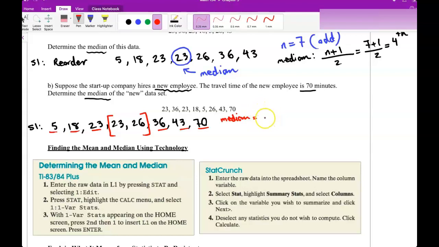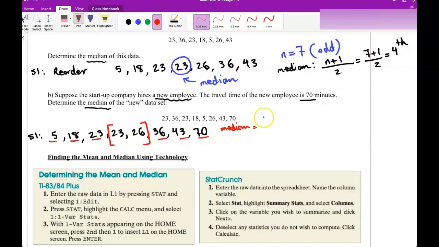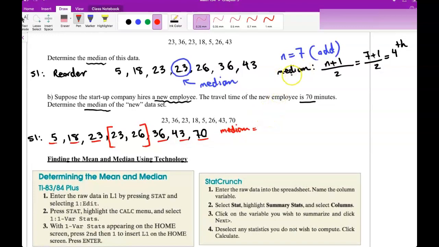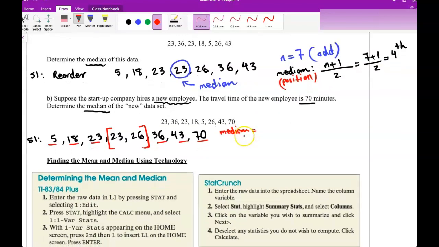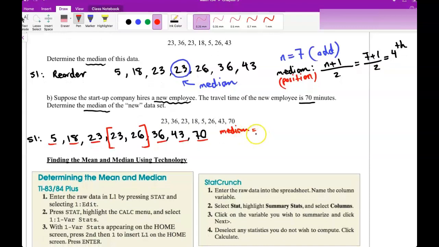So we have 23 plus 26 divided by 2, so that is 24.5.